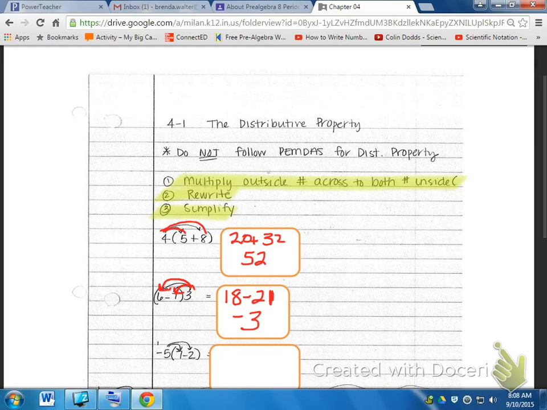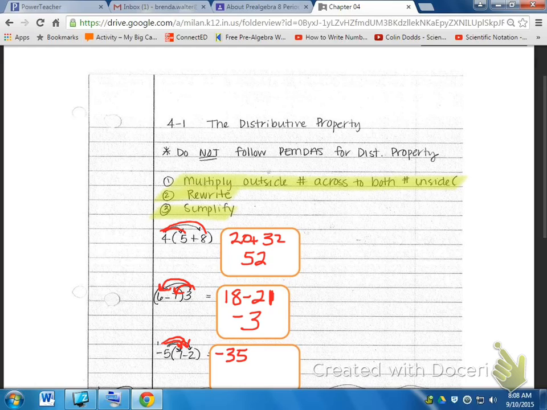Now we're looking at having a negative number out in front. So negative 5 times positive 7, what would that be? Stephen? Negative 35. And then negative 5 times negative 2 would be what?